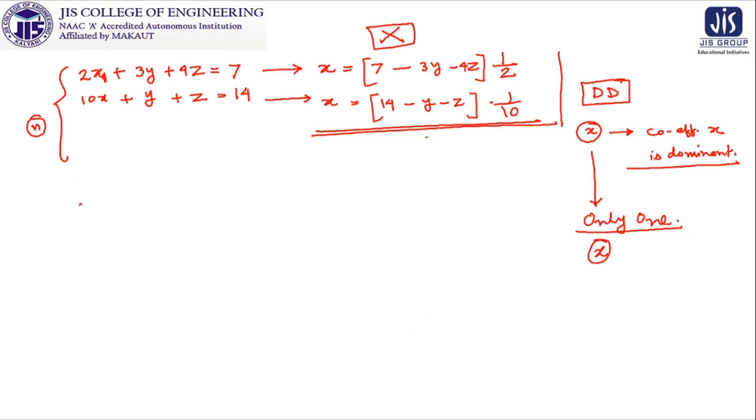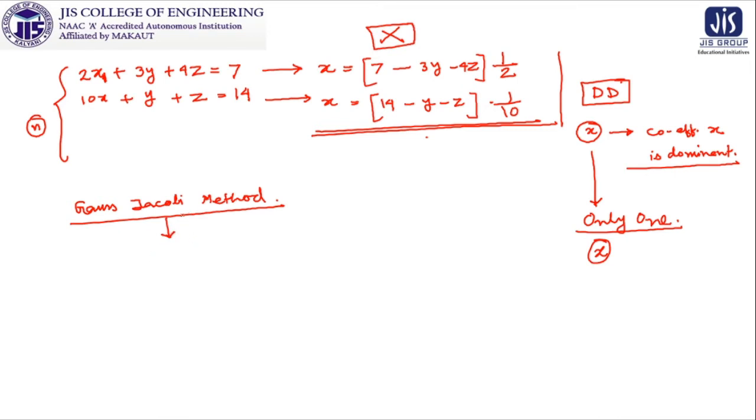Next, though we are going to discuss the Gauss-Seidel method, it is based on the Gauss-Jacobi method. As the Gauss-Seidel method has faster convergence than Gauss-Jacobi, that is why we use it.